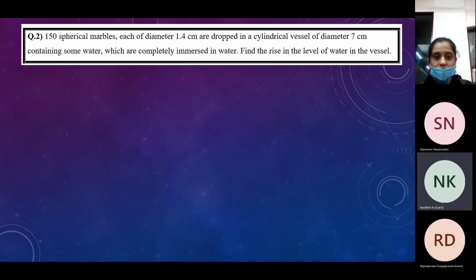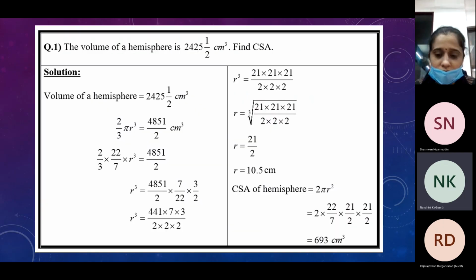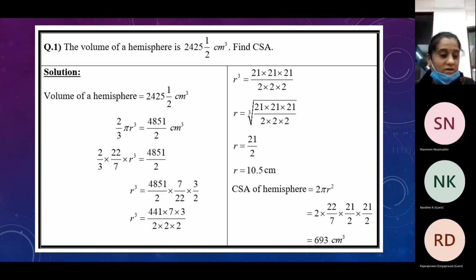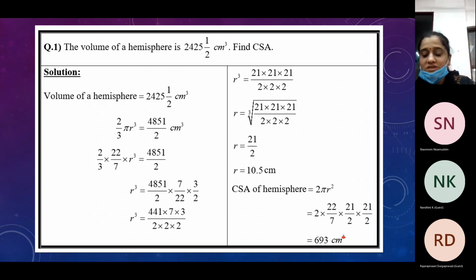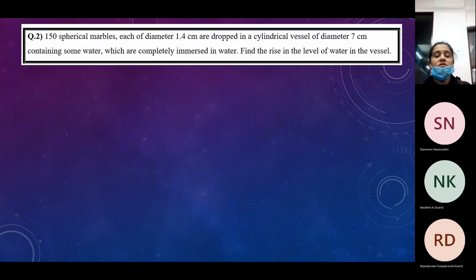Ma'am, in the last question, CSA of the hemisphere is 693 centimeters square, right, ma'am? Yeah, 693 centimeters square. Typing mistake. 693 centimeters square. Perfect. Yeah, this is the next question.